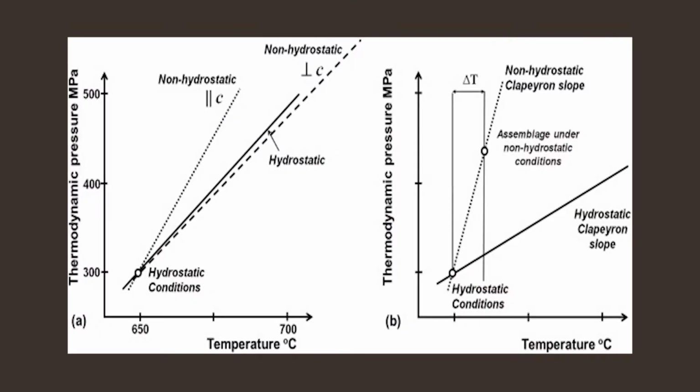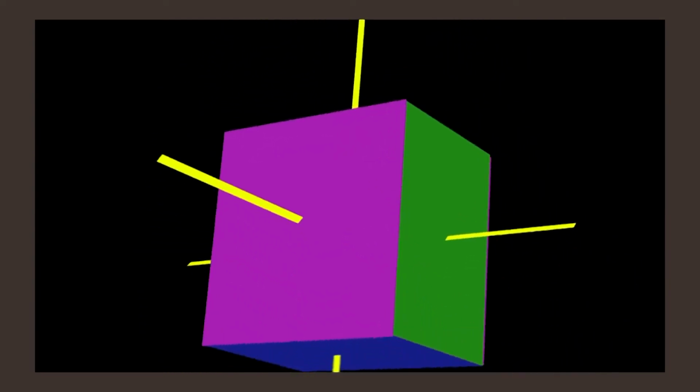Pressure is defined as force acting equally from all directions. It is a type of stress called hydrostatic stress or uniform stress. If the stress is not equal from all directions, then the stress is called a differential stress. If differential stress is present during metamorphism, it can have a profound effect on the texture of the rock.